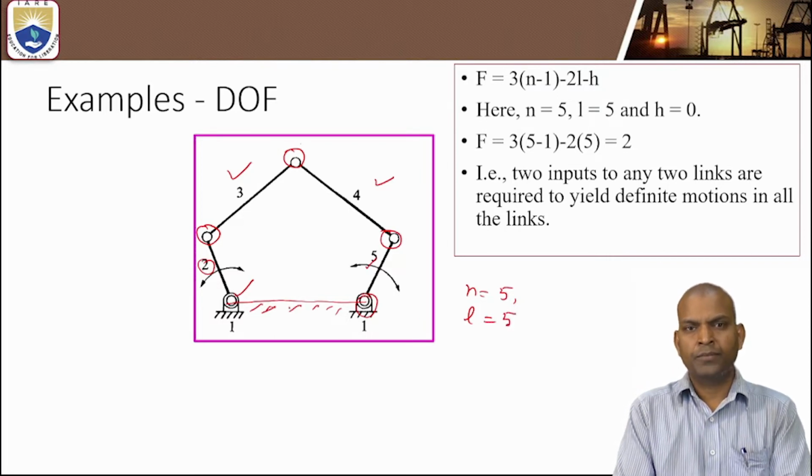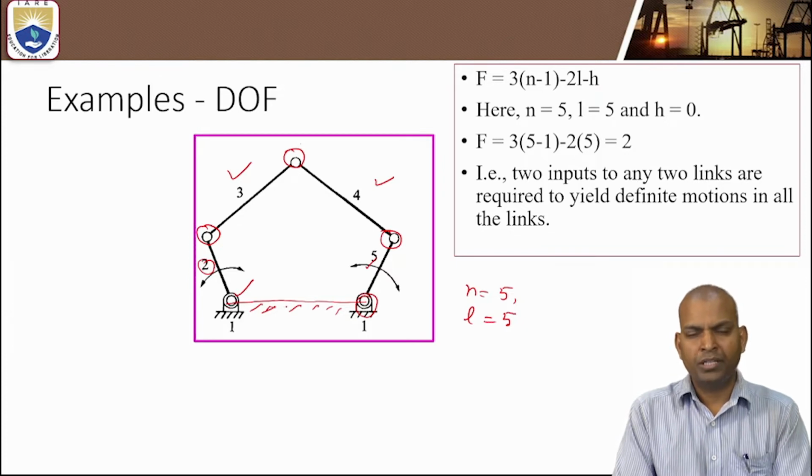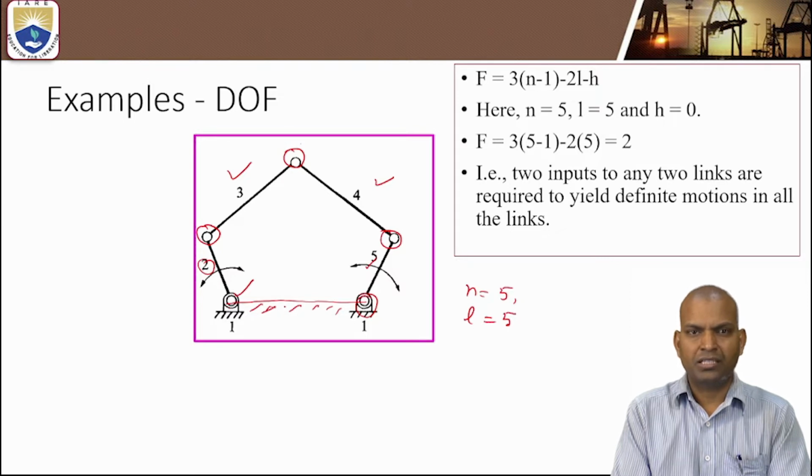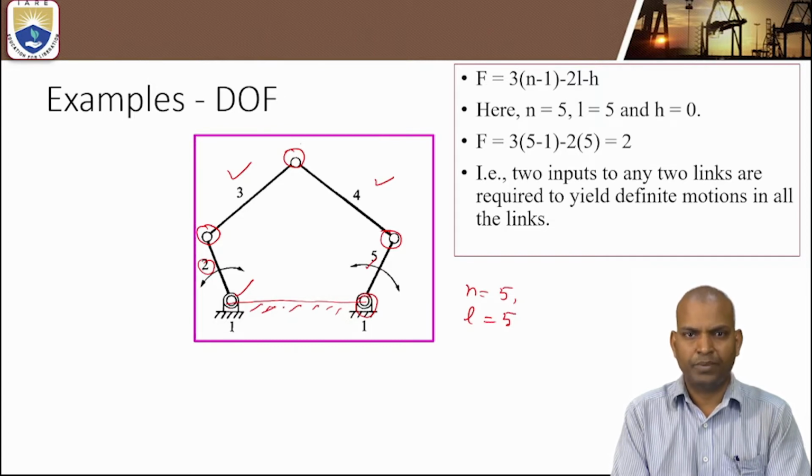In this mechanism, there is no higher pair. What is the meaning of higher pair? If the contact between the links is either line contact or point contact, then that pair is considered a higher pair. Now H equals 0.